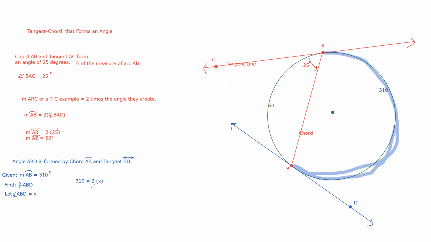So we're going to put x in place of our variable that we don't know. You're going to divide both sides of this equation by 2. Twos cancel out. 160 equals x. So this is 160 degrees in this angle.